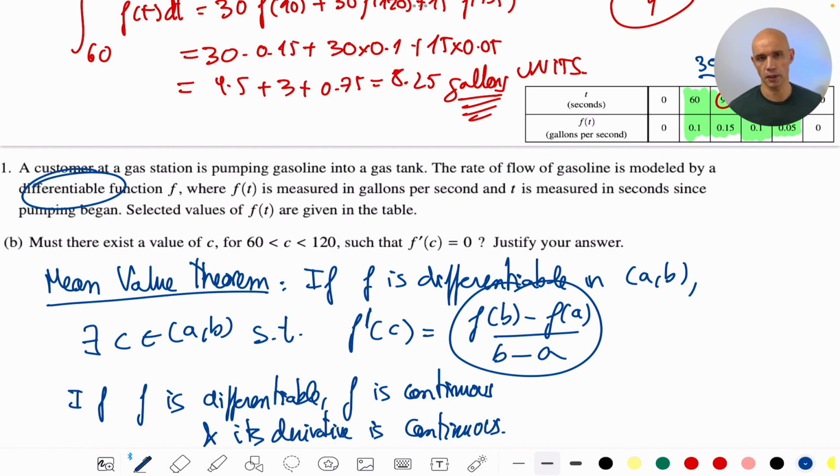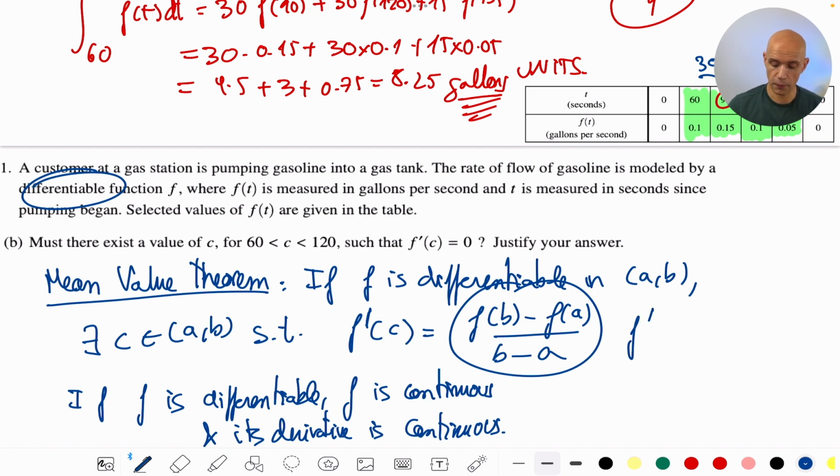But if you want to get all the points, not just to be right, you should say that f is continuous because it's differentiable. So if f is differentiable, we have the mean value theorem. We also have that f is continuous, so we can apply this. It's super repetitive, but that's how it is.